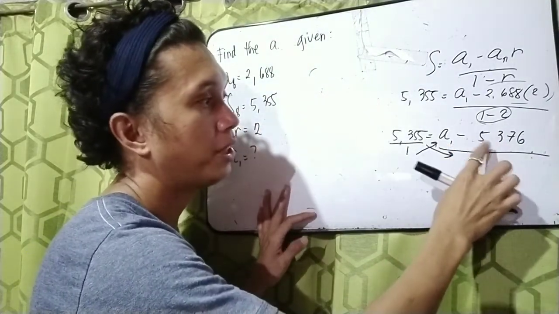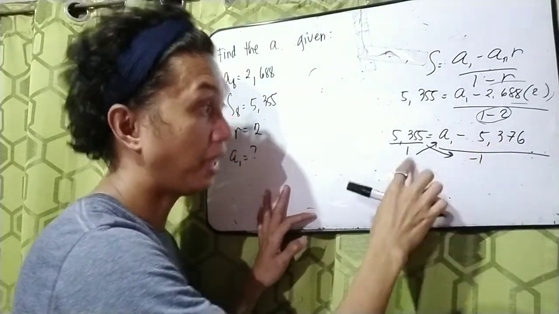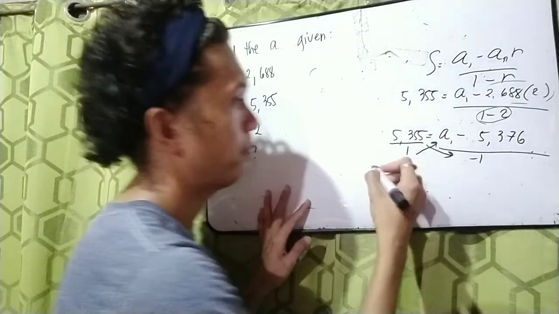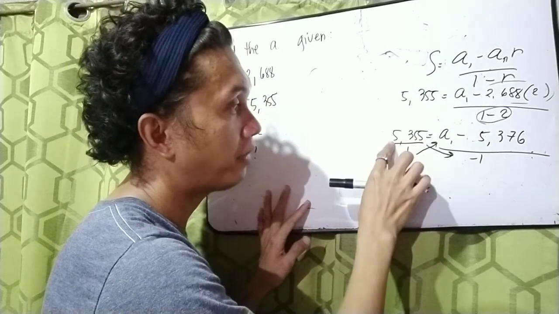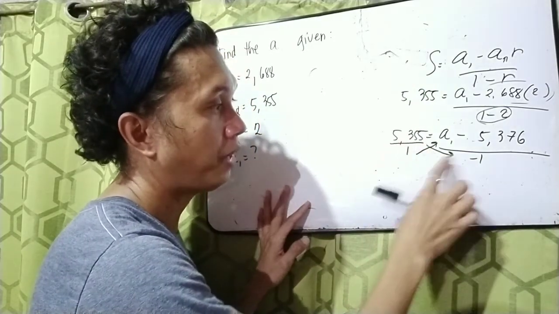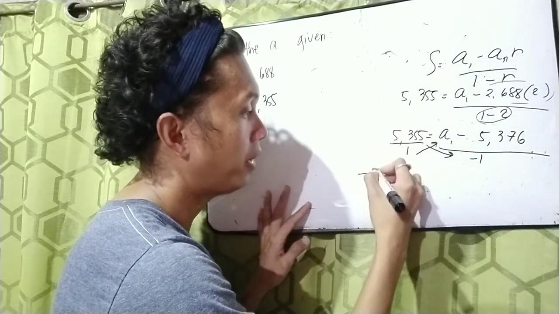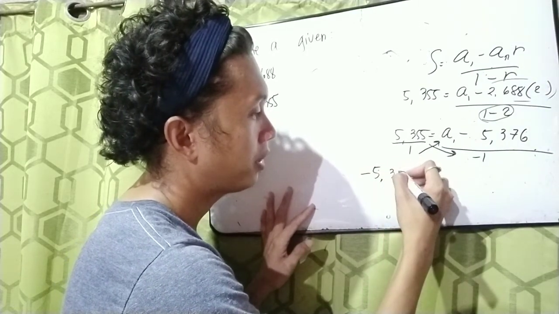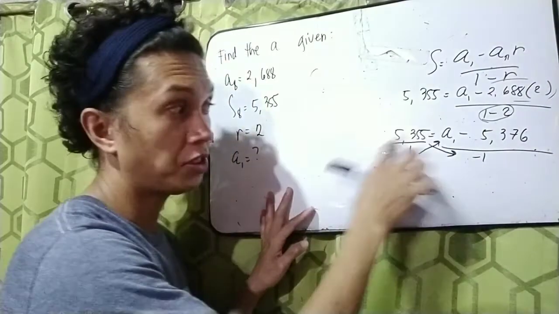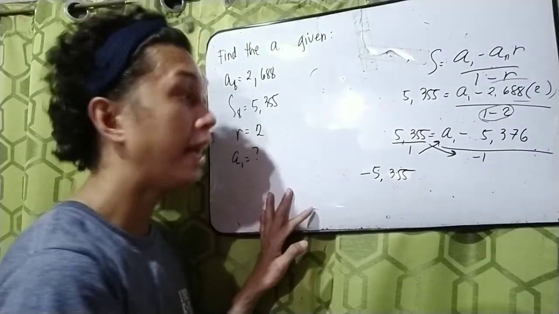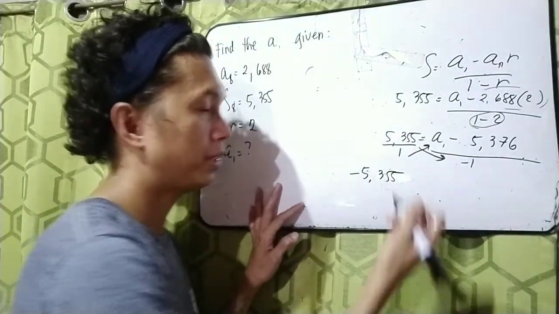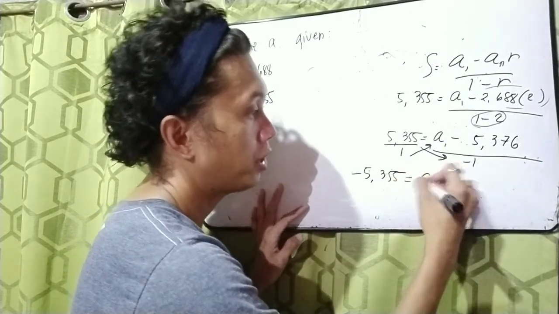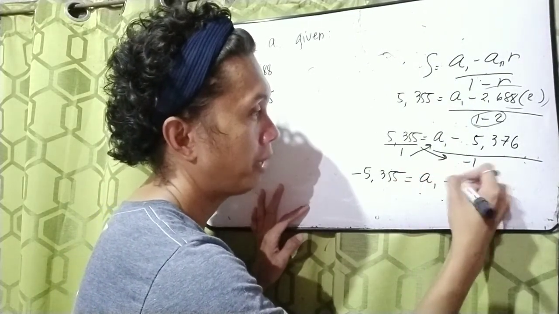So a sub 1 minus 5,376 times 1 is just itself, so just copy it. But 5,355 times negative 1 will be negative 5,355, because when you multiply unlike signs, the result is negative. So equals, just copy because that's only multiplied by 1.